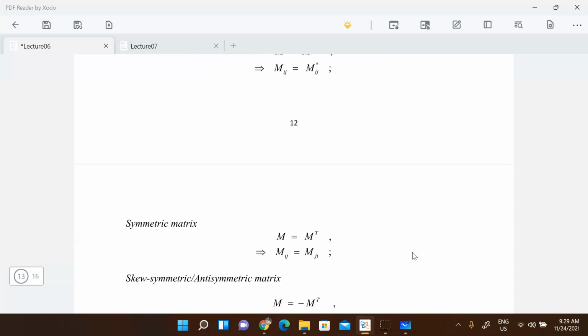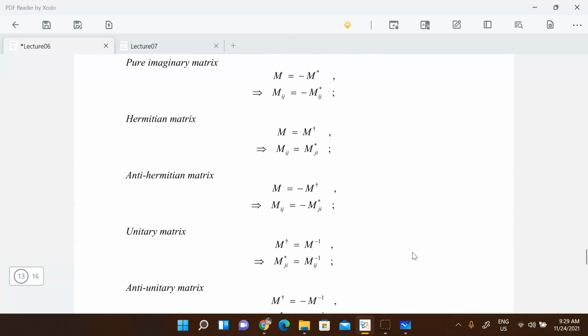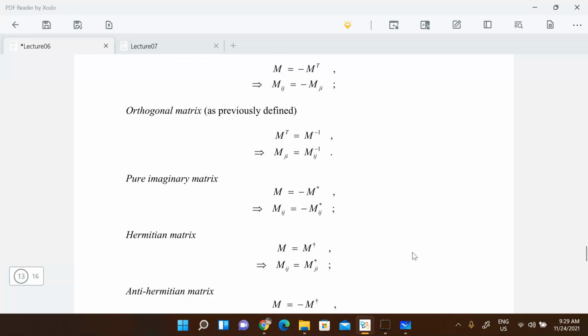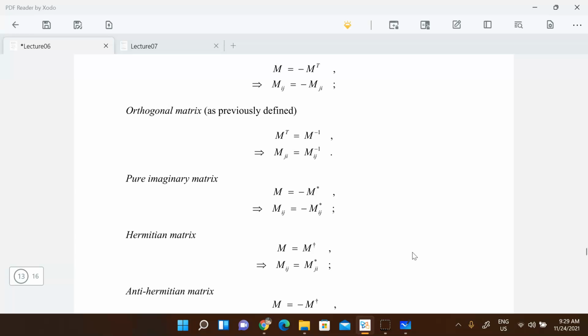But you could also have a different relationship. Let me just jump over here a little bit. The other possibility is to have a slightly different relationship with respect to the complex conjugation operation: instead of M equals M conjugate, you have M equals minus M conjugate. Then this is what we call a pure imaginary matrix.